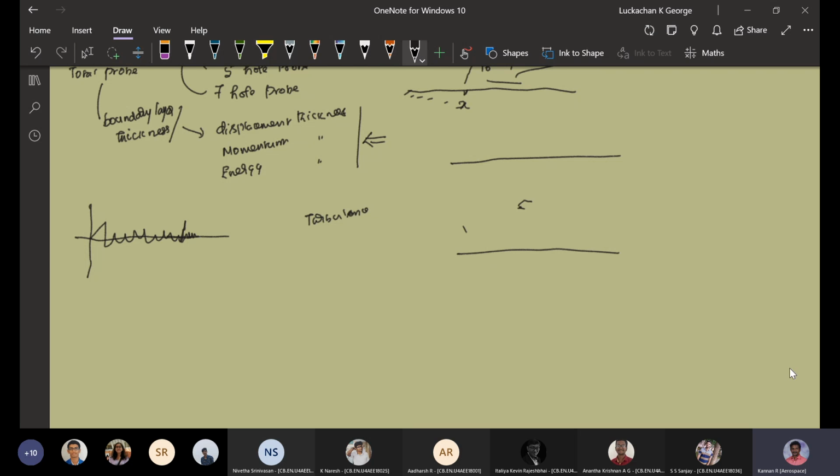This line talks about the mean component, and this is the instantaneous component, U dash. So U of t is U mean plus U dash of t. That is how we see the turbulence level.